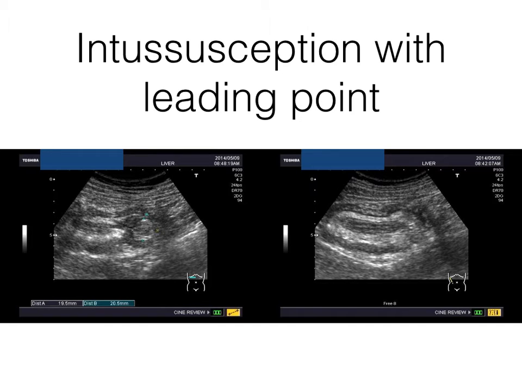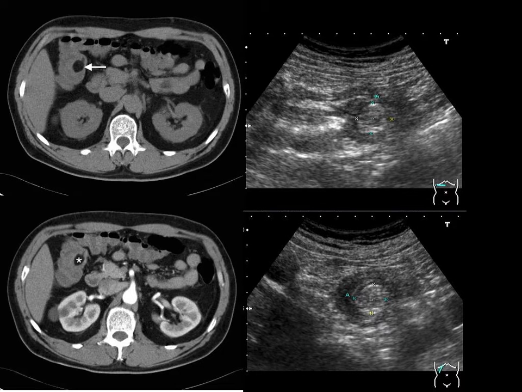In adult patients, normally we will find some leading point because of some pathology within the small bowel loops, or intestine. Like these patients, we can compare the CAT scan and the sonography. That's what we learn in ultrasound.